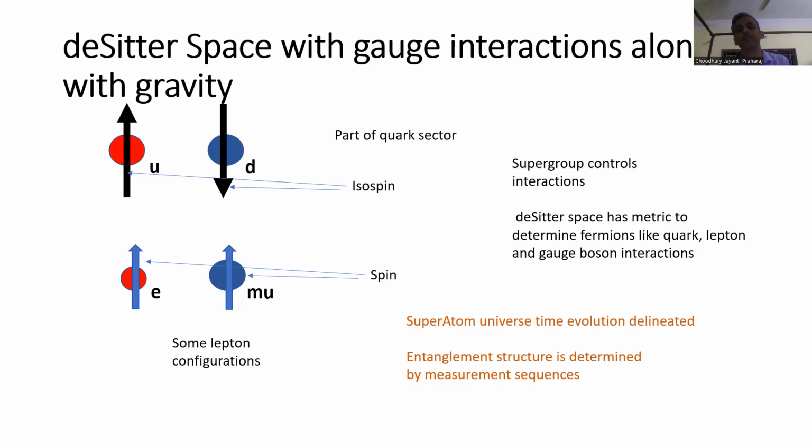And the de-Sitter space has a metric to determine the interactions of fermions like quark and electron and gauge photon interactions. The SuperAtom universe time evolution is delineated using these frameworks. And the entanglement structure is determined by measurement sequences.